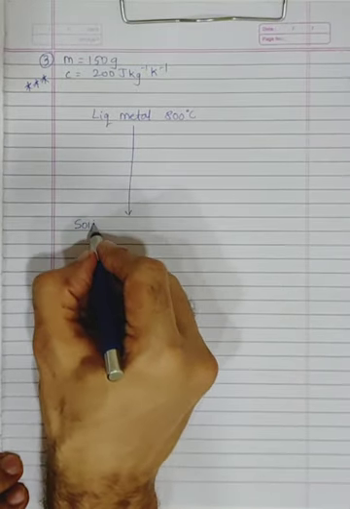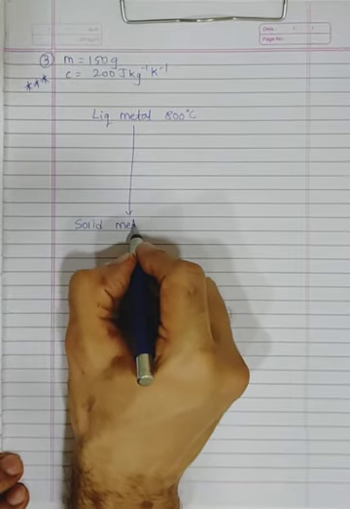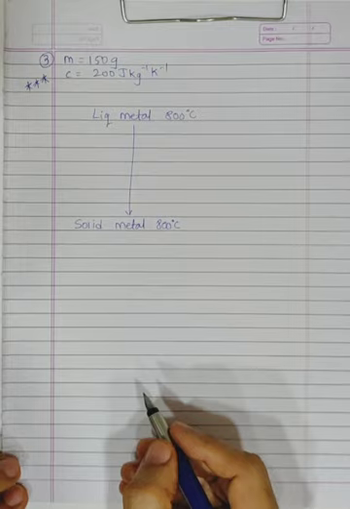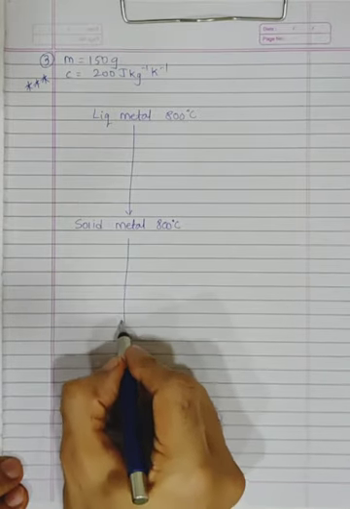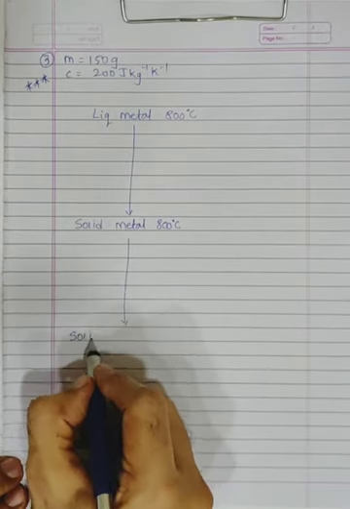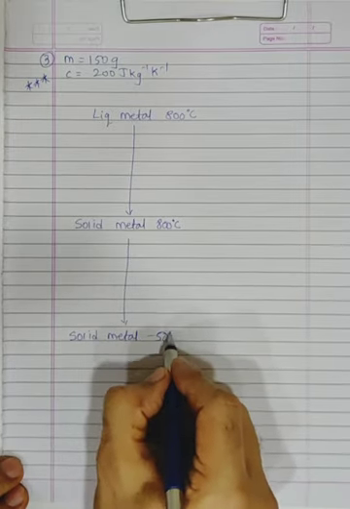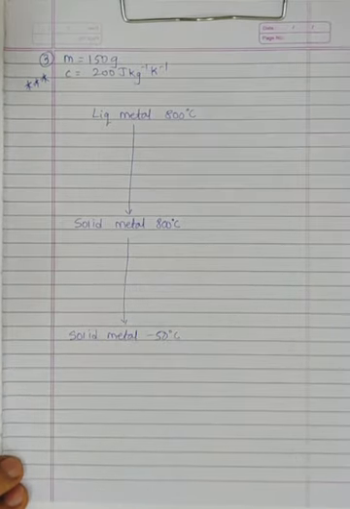So your liquid metal will become solid metal at 800 degree centigrade. Solid metal will become solid metal again, but there is going to be a drop in its temperature, to minus 50 degree, because you are decreasing its temperature.